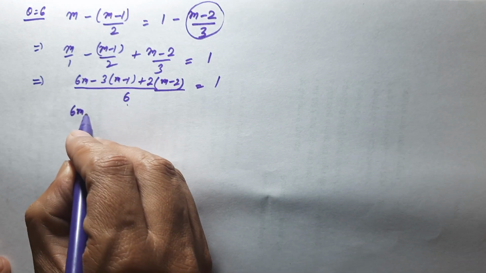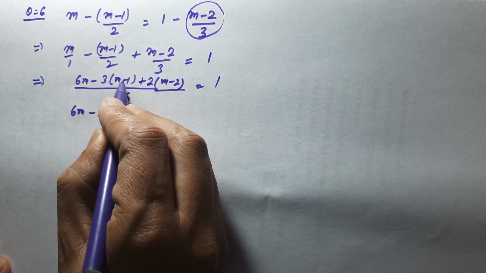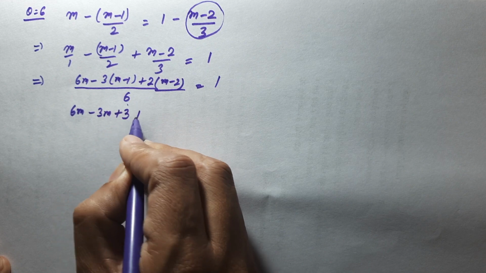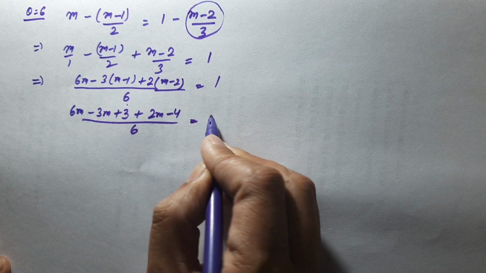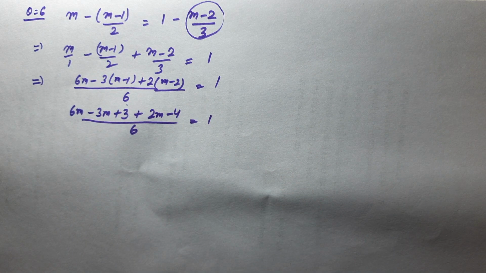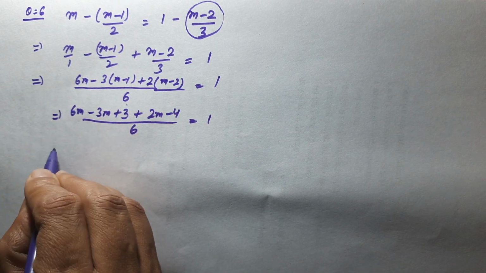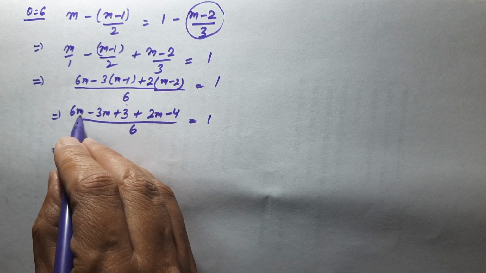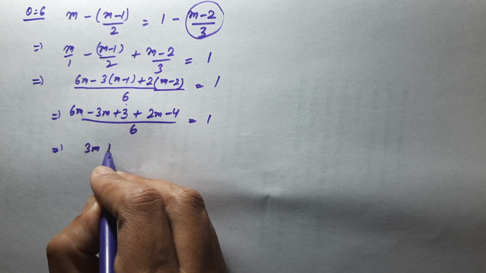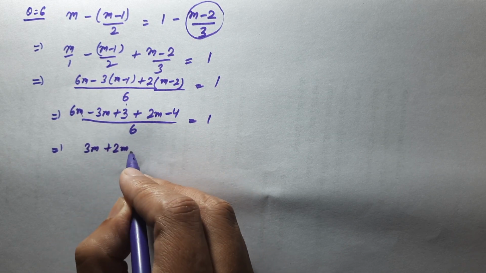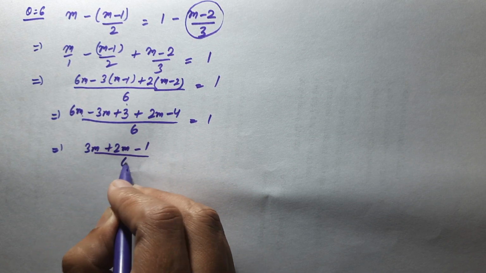Minus sign will be changed. Minus 3m, minus minus plus 3, plus 2m minus 4, over 6 is equal to 1. Now again simplify it. 6m minus 3m is 3m, plus 2m, and 3 minus 4 is minus 1, upon 6.